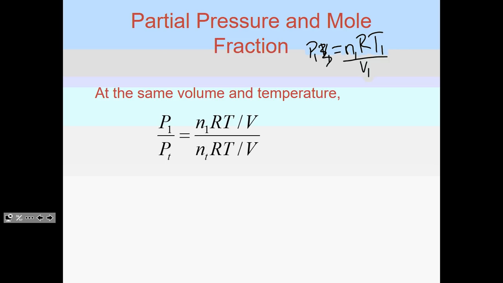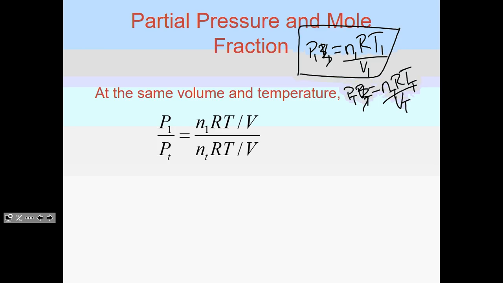Now, if we had a mixture of gases, it would be true that the total pressure times the total volume would equal the total moles times R times the total temperature, or the temperature of the system. So we can also solve this for P, but now we're solving it for P total. Now remember, if we solve this for P1 and get this equation up here, I can maintain the equality as long as I divide both sides by the same thing.